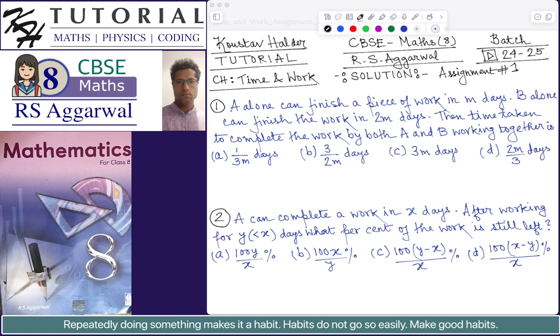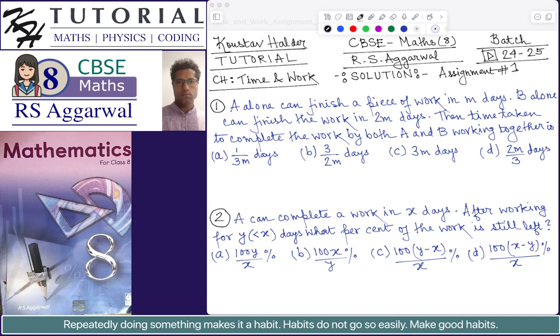If you do this every time, then you will have a consistent revision of the old chapters, and also the concepts and formulas will stay in your mind for a longer period of time. So always do this while you are solving an assignment sheet, or giving a mock test, or even solving problems of any exercise from your textbook or any other reference book.